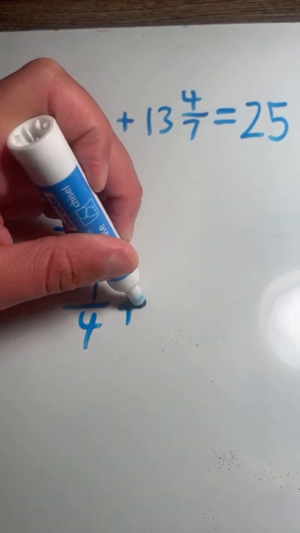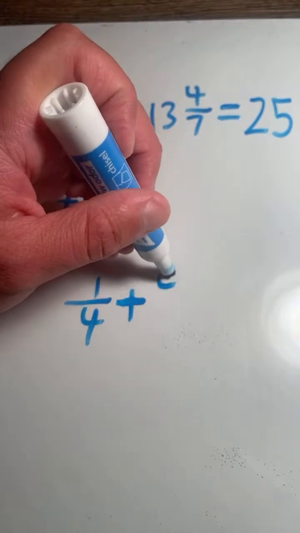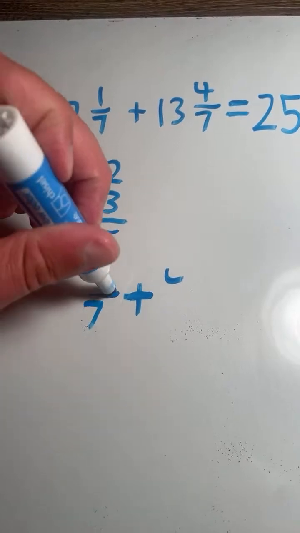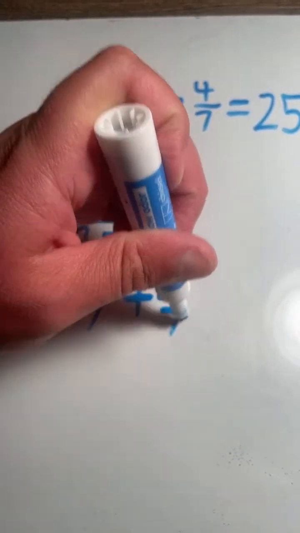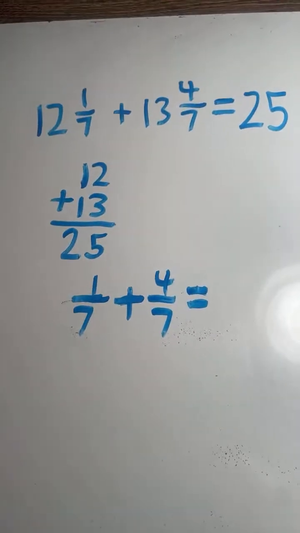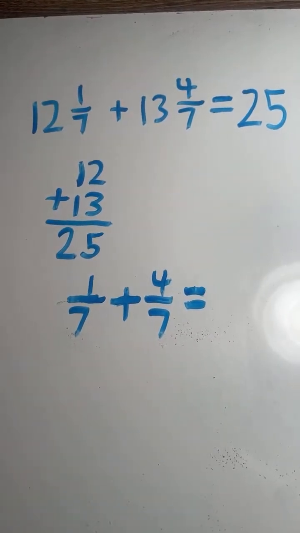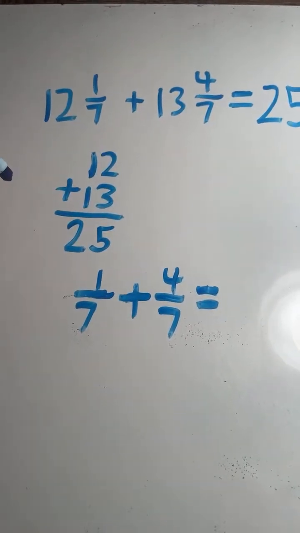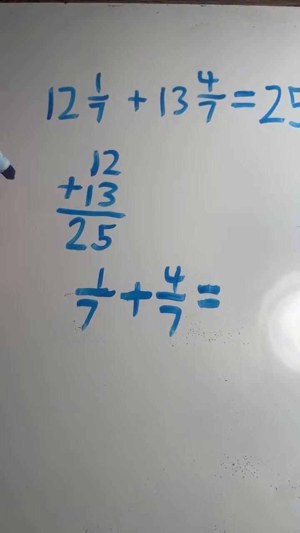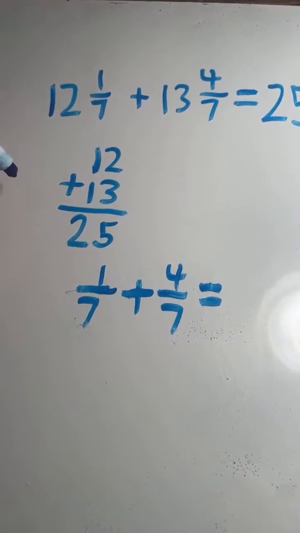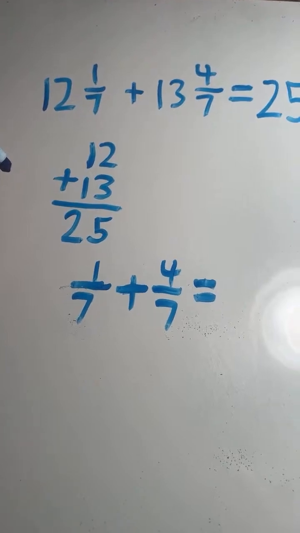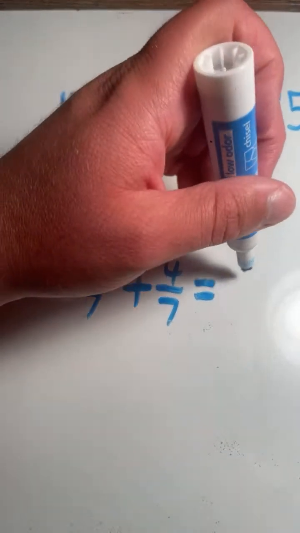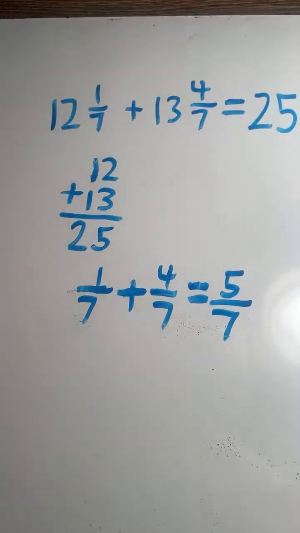Welcome to the chat. All right, if it's easy, let's see if you can add the fractions together. 1/7 plus 4/7. Tell me what the fraction is. 1/7 plus 4/7 equals 5/7.